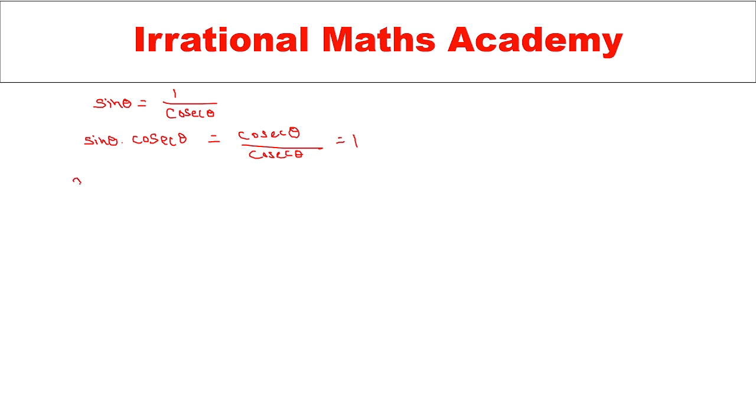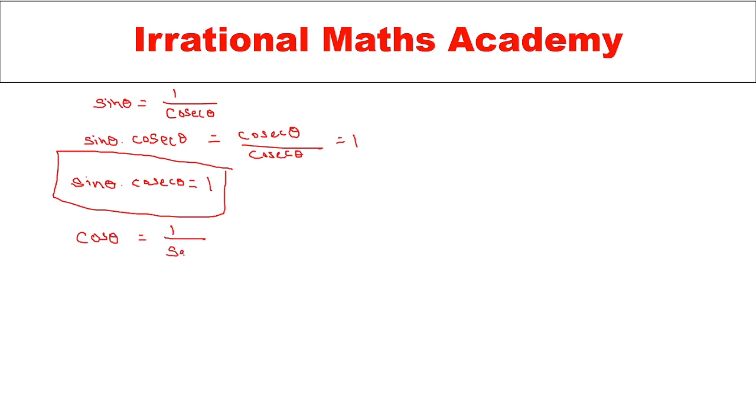That is, sin theta into cosecant theta equals 1. So if you come across a situation with sin theta into cosecant theta, you can substitute the value 1. Similarly, cos theta equals 1 by secant theta, or cos theta into secant theta equals 1.